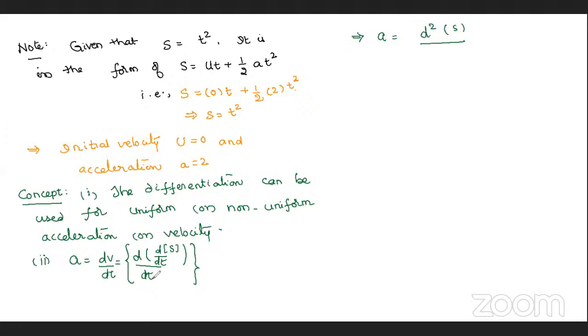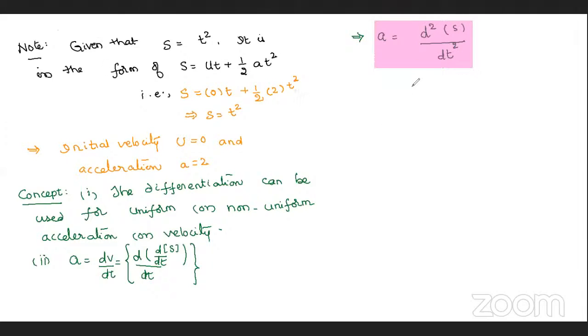The dt comes to the denominator. dt into dt is dt whole square, already a single term, so straight away you can write it as dt square. So acceleration you can write in the other form like this: a equals d square s by dt square.